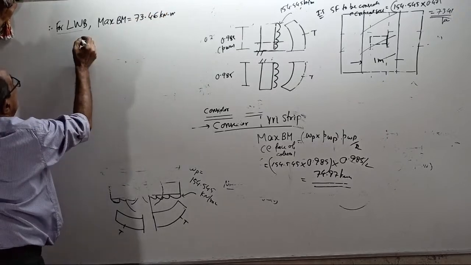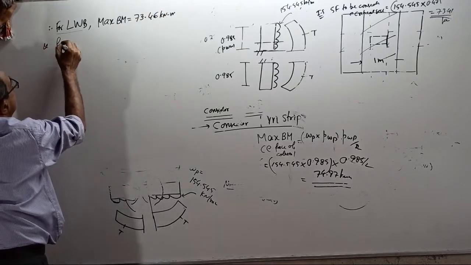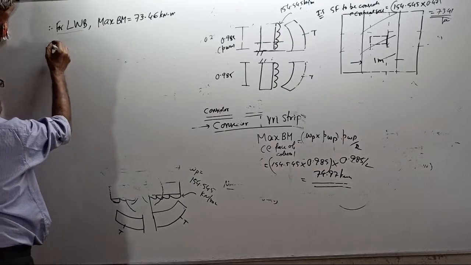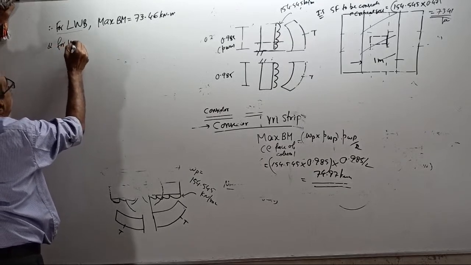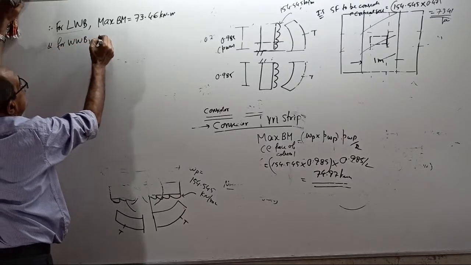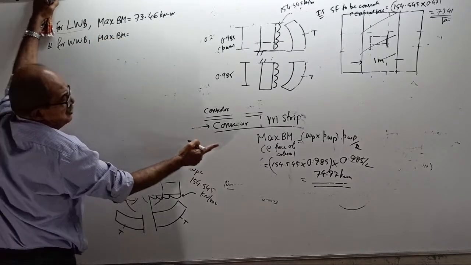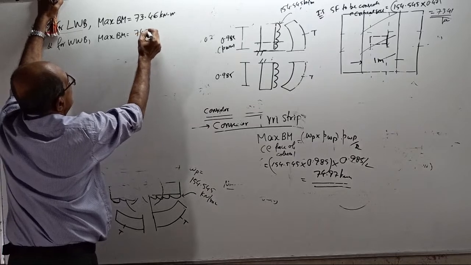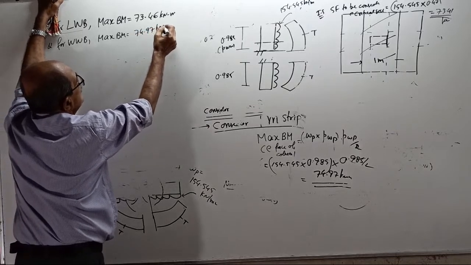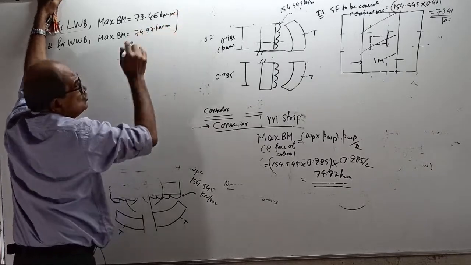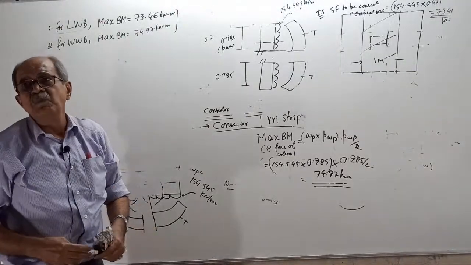Kilonewton meter. And for widthwise bending, maximum BM equal to, just now you got 74.97 kilonewton meter.